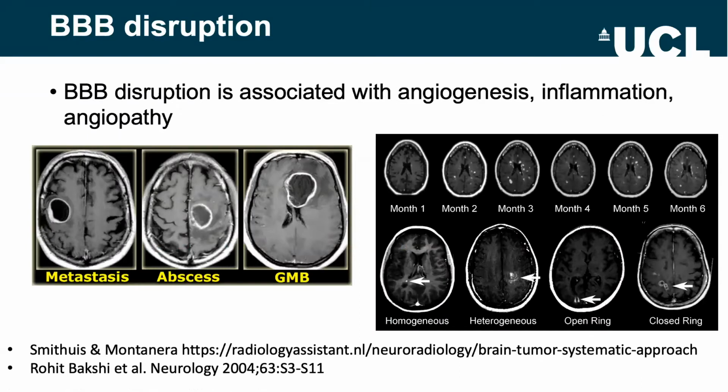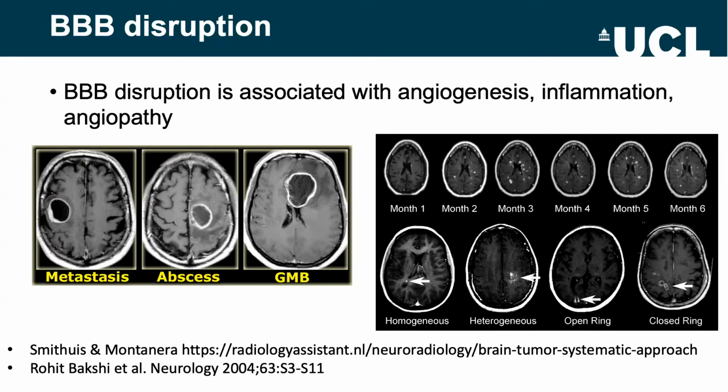So the blood-brain barrier does get damaged in disease, and its disruption is associated with quite a few well-known pathologies. In a situation where you have angiogenesis, such as in cancer, the disordered growth of vasculature within a tumour tends to occur without a blood-brain barrier or disrupts the existing blood-brain barrier.